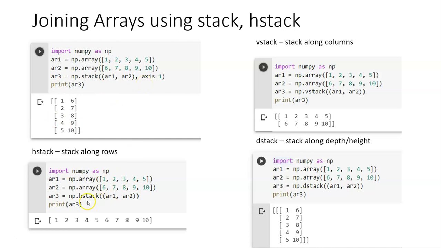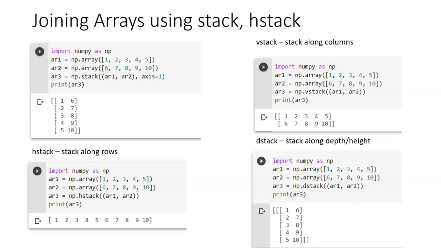Here I am adding horizontally, hstack. Here I am adding vertically, and here I am adding by height. Can you see the difference? You can see the output is, here it is horizontal, here it is vertical, here it is depth. Can you see the three different types of outputs that have come? So here I am adding the array using np.stack.